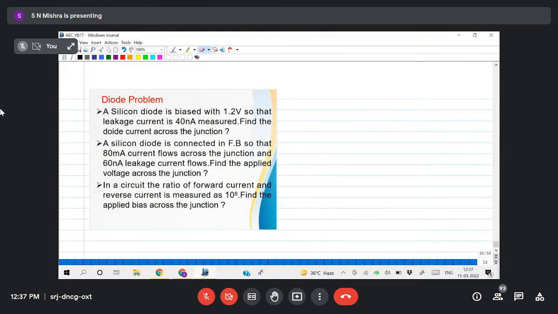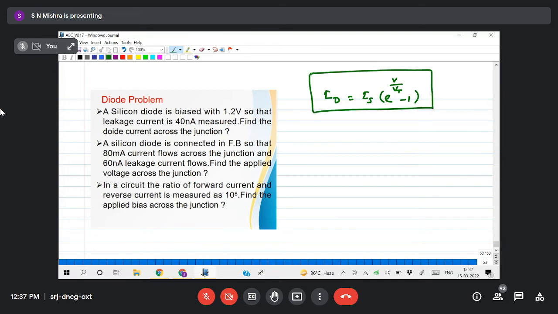What is the diode current equation? This is the diode equation, right? So what is given? Biased with 1.2 volt. That means what value is given? Can anybody tell?